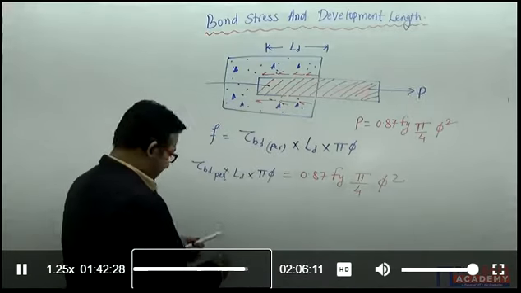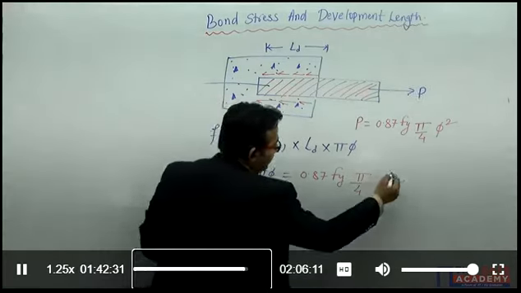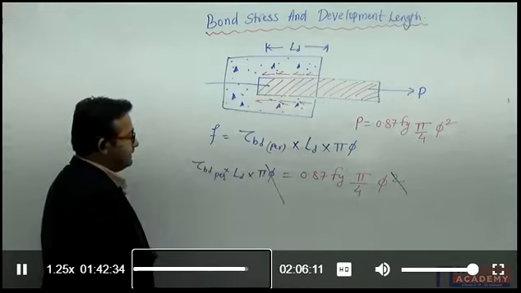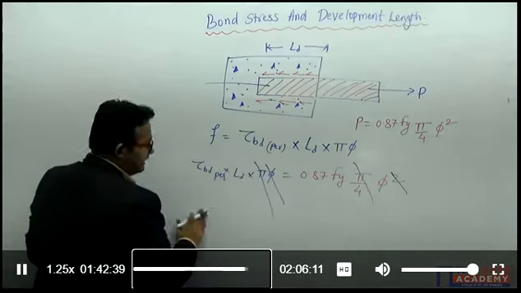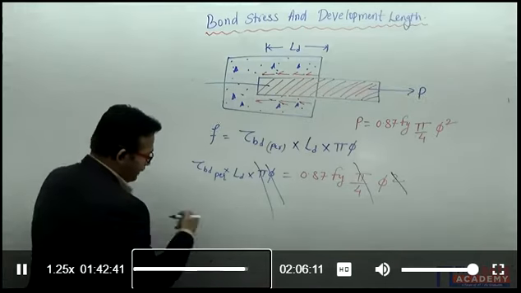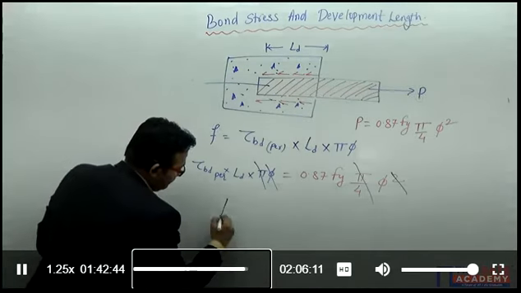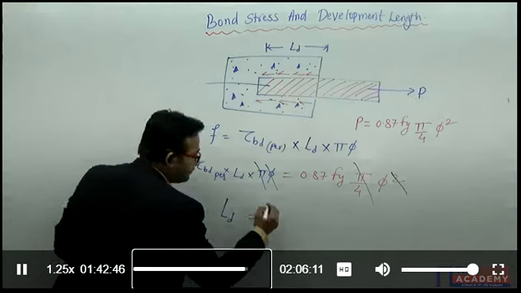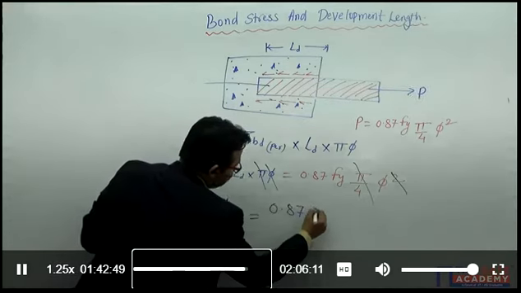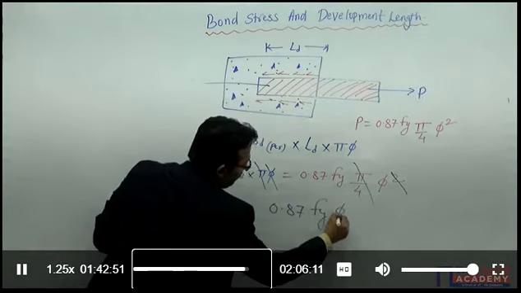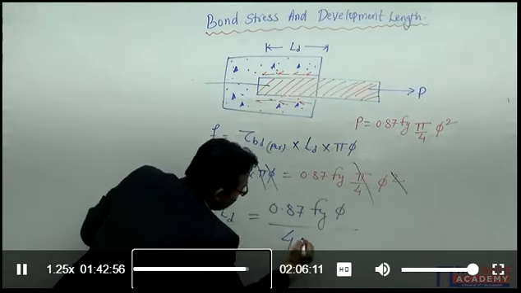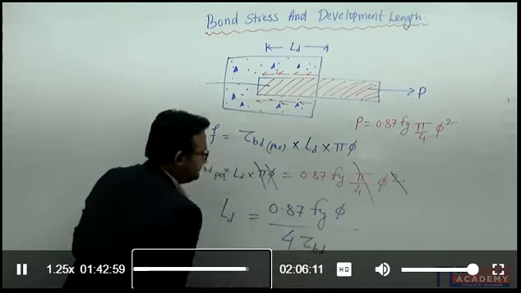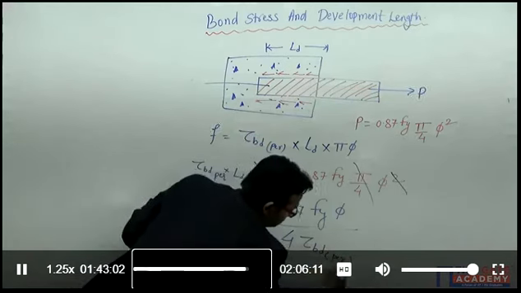Okay, so here I can see one phi is cancelled, one pi is cancelled. So I am getting here the formula for development length equal to 0.87 Fy phi divided by 4 tau BD permissible.